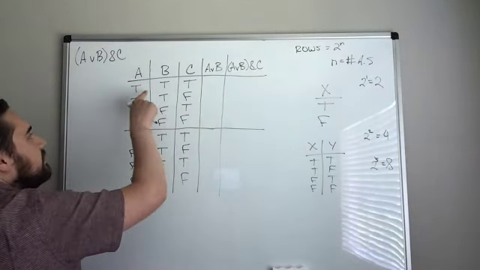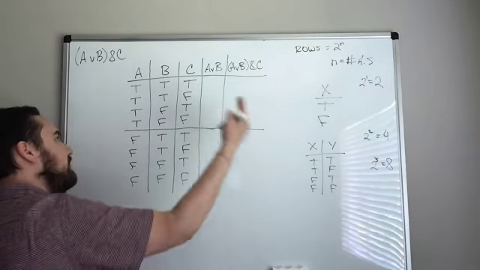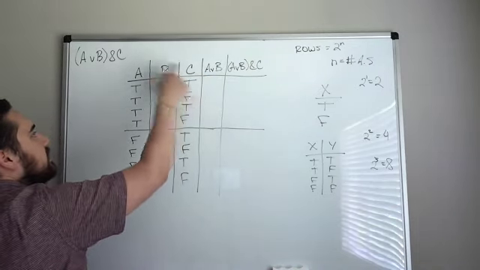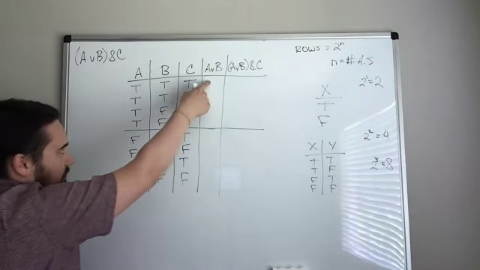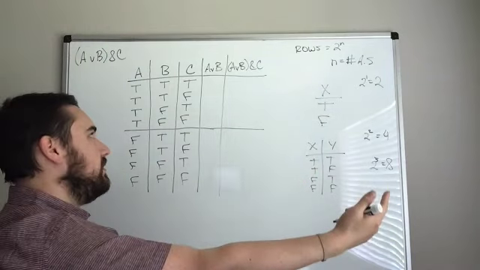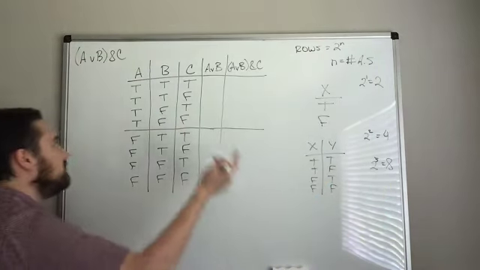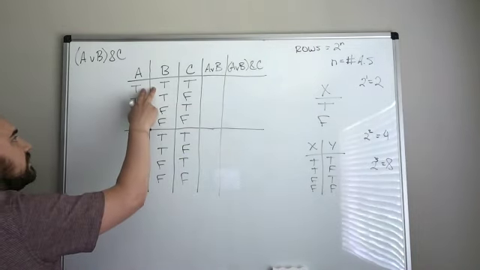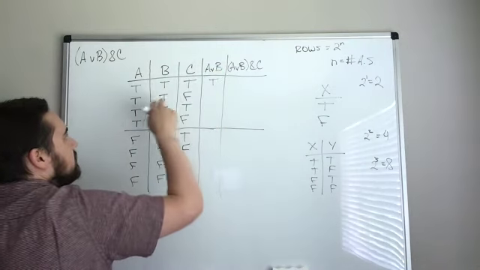Anyway, looking over here, in order to determine the truth values of this disjunction, we're going to look at the columns that represent the disjuncts, A and B, and we know now that whenever one or more of the disjuncts are true, the disjunction is true. So here we have 2 true disjuncts, makes the disjunction true.